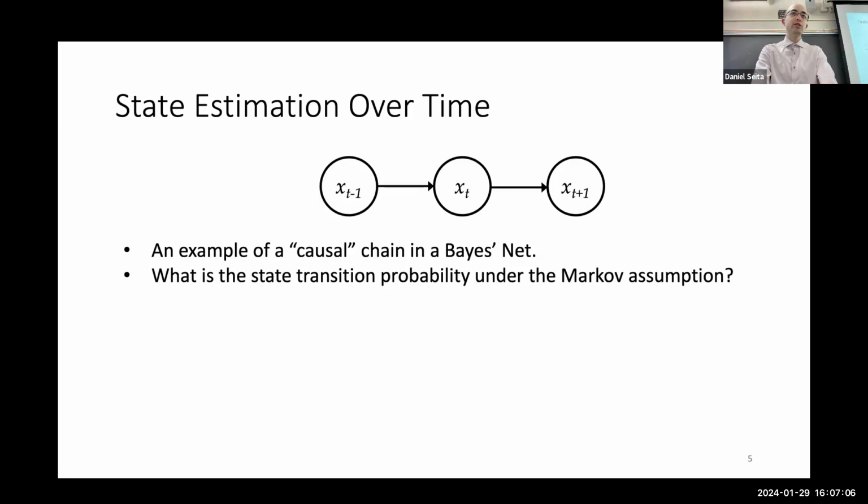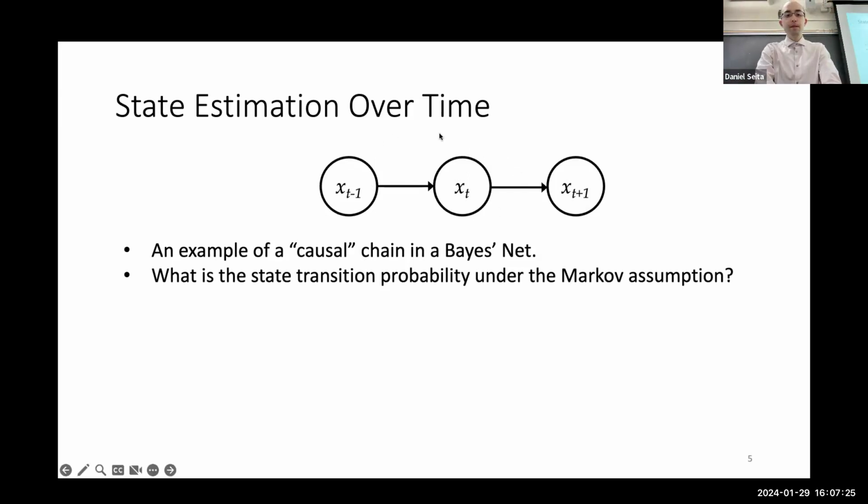So this could be information about where a mobile robot is when it's trying to navigate through a maze. So this is one of those causal chains that we talked about last time, where we had 3 nodes and an arrow going from one to another.